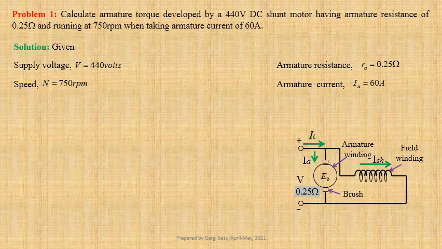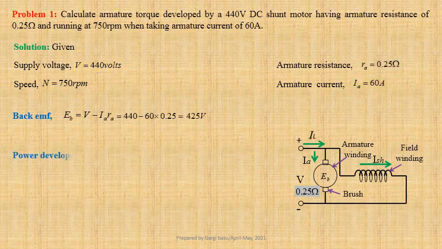Neglecting brush contact voltage drops, we get the expression for back EMF EB equals V minus IA times RA. Using values, we get 440 minus 60 into 0.25, that gives us 425 volts.